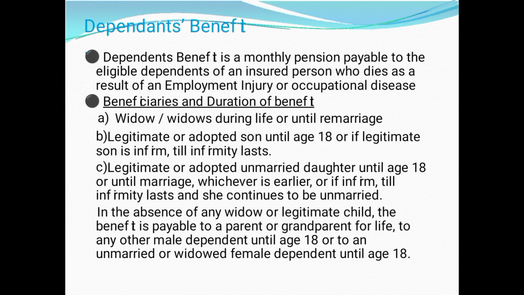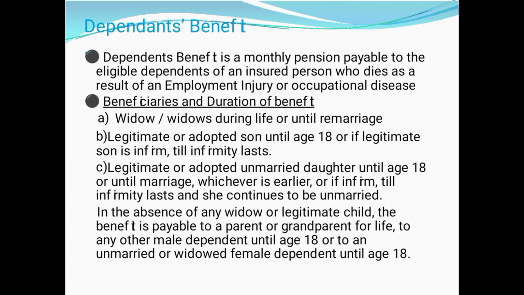Dependants benefit. Dependants benefit is a monthly pension payable to the eligible dependants of an insured person who has died as a result of an employment injury or occupational disease.